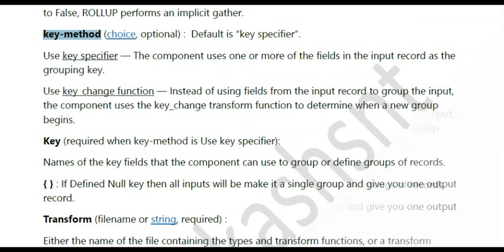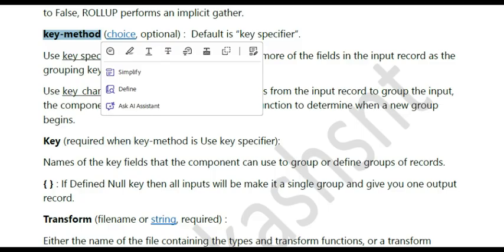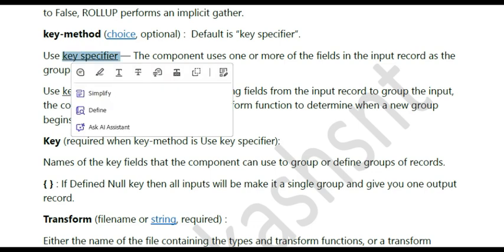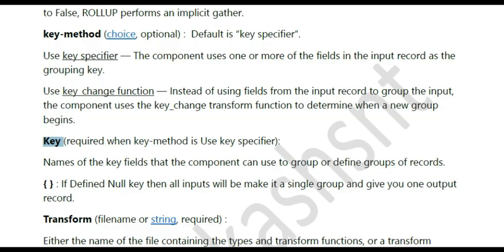Next we have the parameter key method. We have two types of key method. One is key specifier and another one is key change function. So when should we use key specifier and when should you use key change function? As we know, if your input record is grouped and you know the key, then you can use key specifier and provide the key.